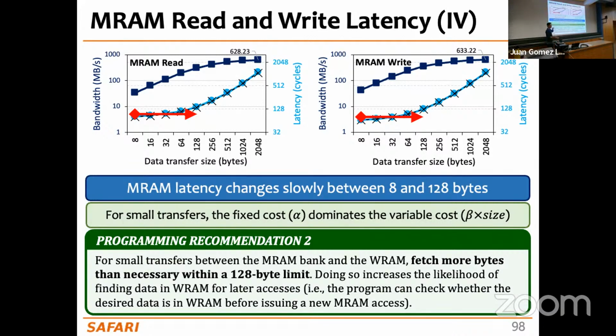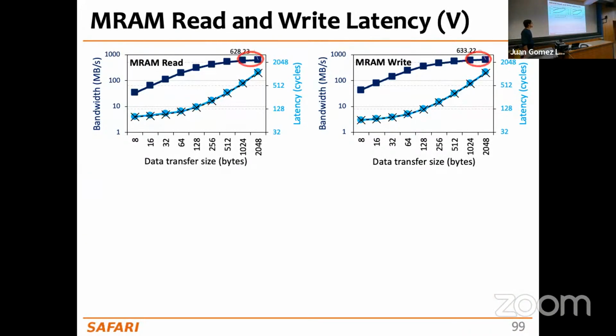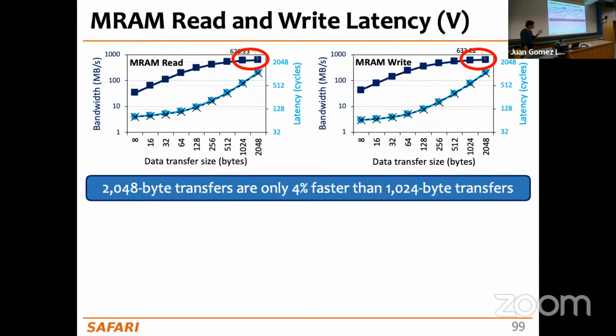The program only needs 8 bytes in WRAM, but because bringing more is not much costlier, maybe you can bring more to WRAM, and they are already there, as you have entire cache lines in a cache, even if you are going to access only a single word in that cache line. Anyway, that's a minor recommendation, let's say.